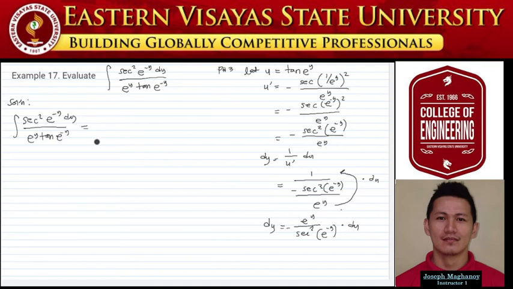So we apply our correction factor. Integral of secant squared e raised to negative y, e raised to y, negative secant squared e raised to negative y du all over e raised to y. So we need to replace our tangent e raised to y as our u.